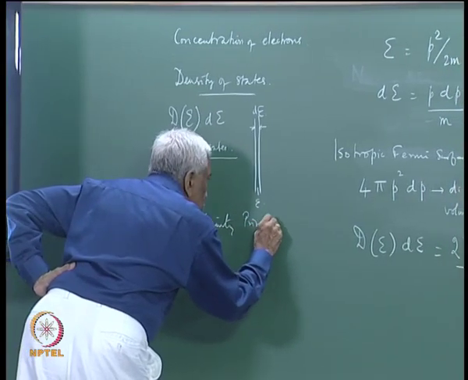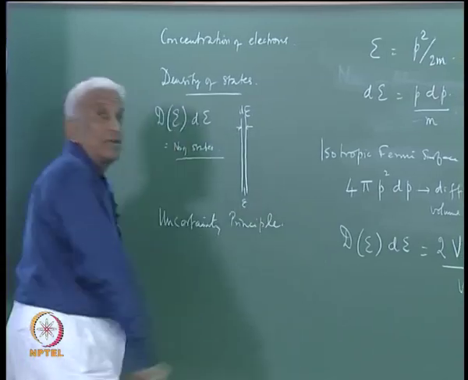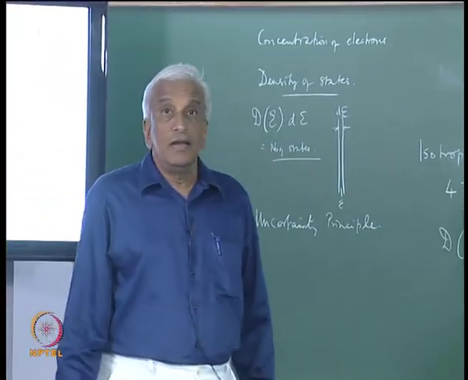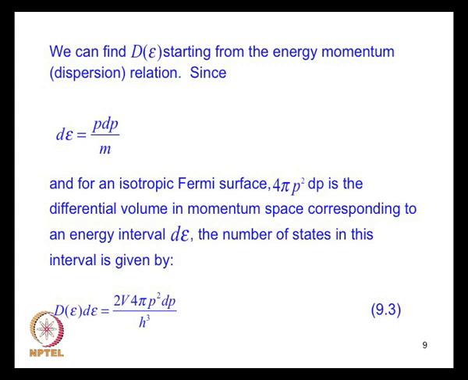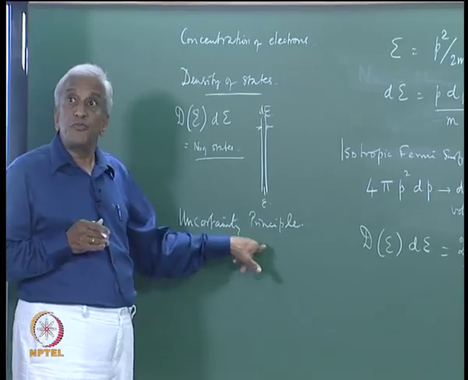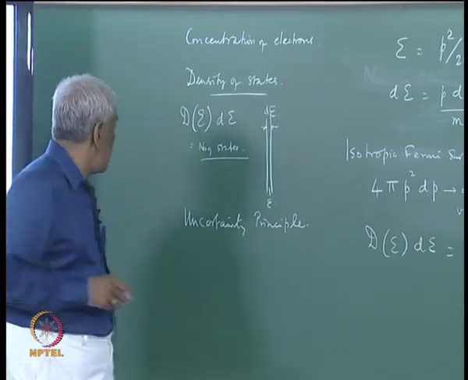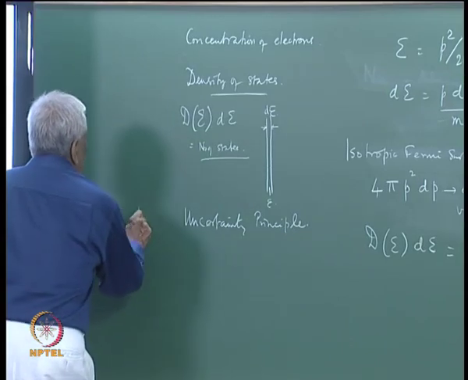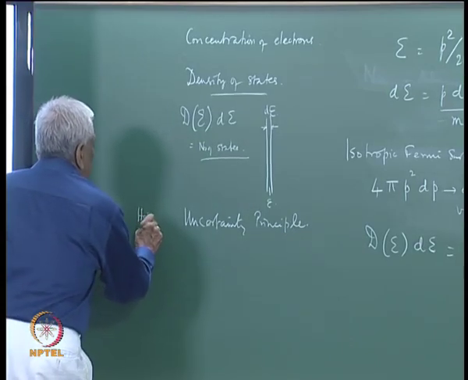As I already told you, the electrons are quantum particles. So, we have to discuss their statistical behavior according to the quantum statistics, and Fermi Dirac statistics is a quantum statistics. Now, the main feature of quantum behavior comes from the so called uncertainty principle due to Heisenberg.